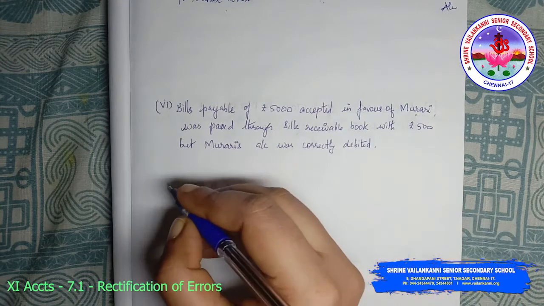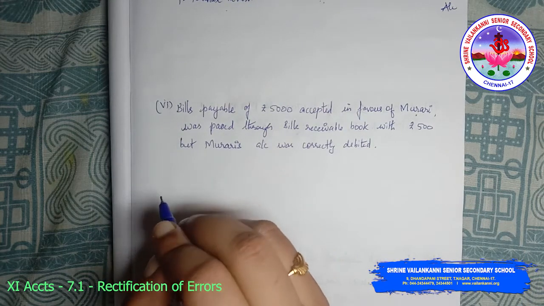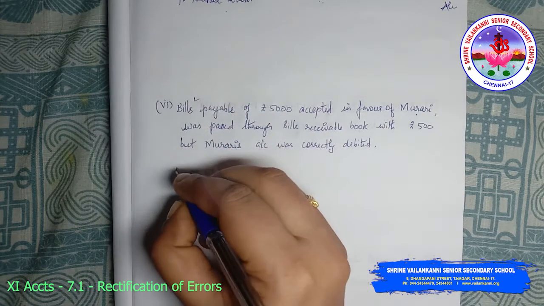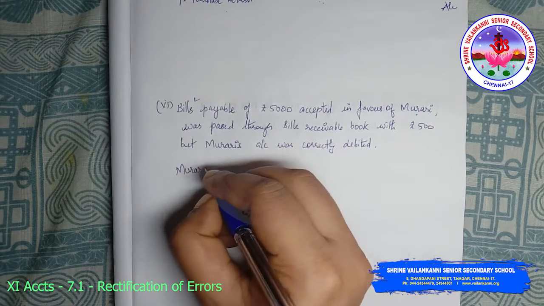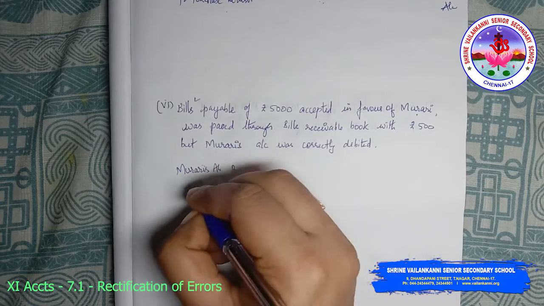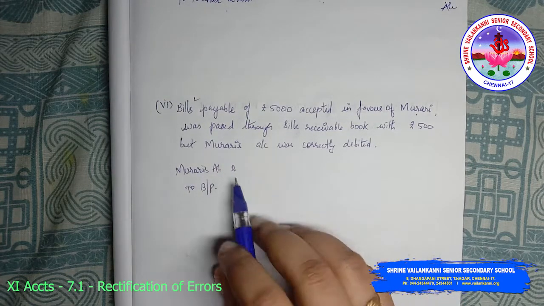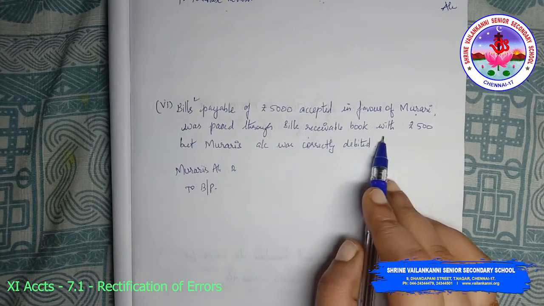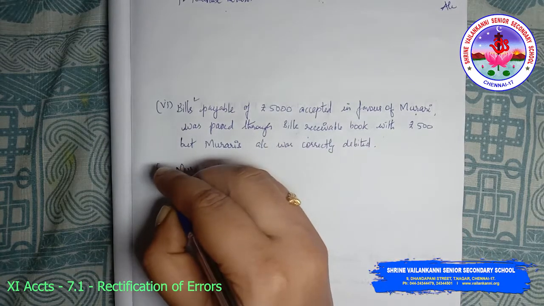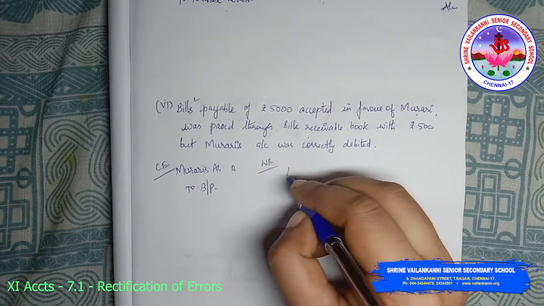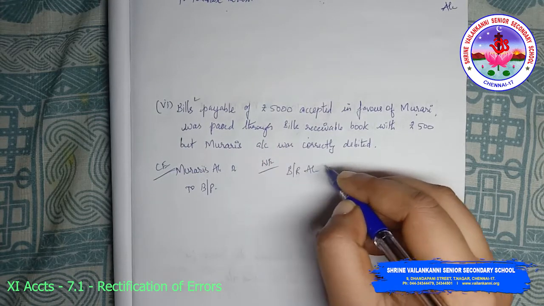Bills payable is a liability. So Murari's account debit to bills payable, this should be the correct entry, but it was passed through bills receivable book. So the wrong entry is bills receivable account debit.